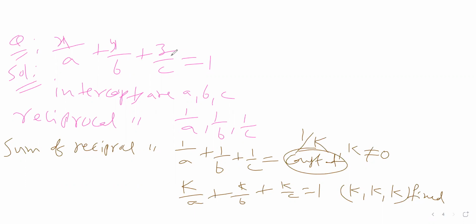Just this property is enough for us. A variable plane moves so that the sum of reciprocals of its intercepts on the 3 coordinate axes is constant, then such a plane always passes through a fixed point because of this reason.